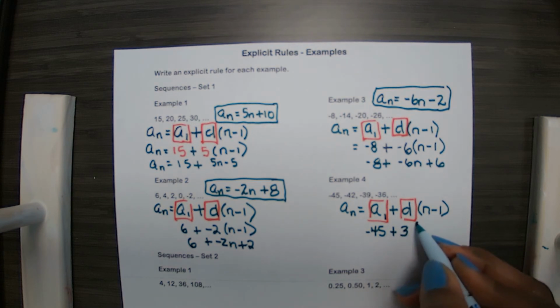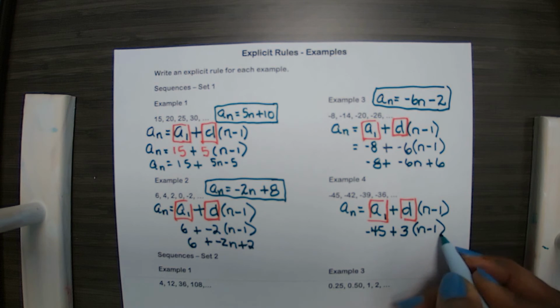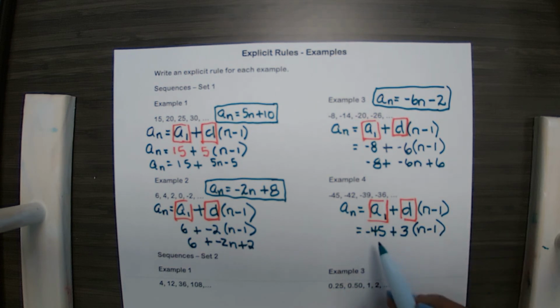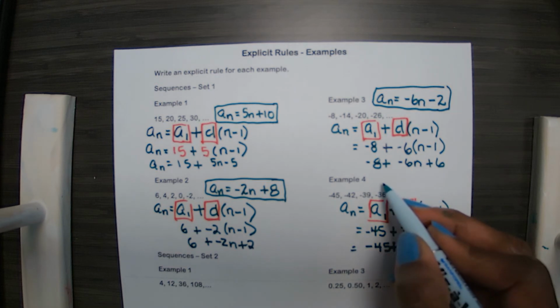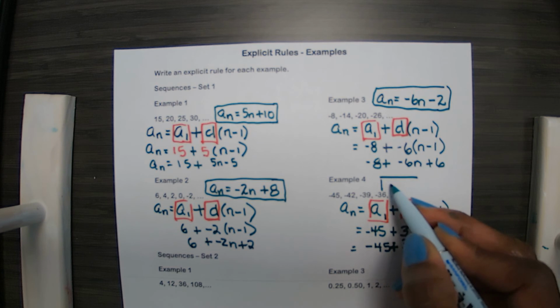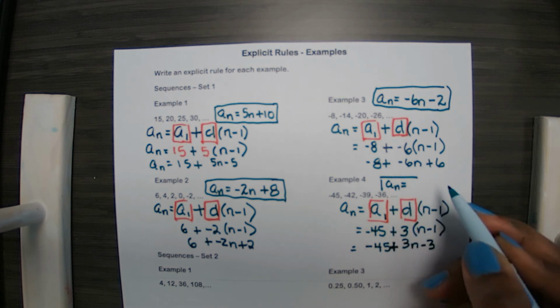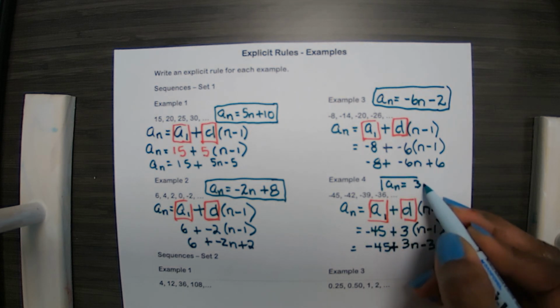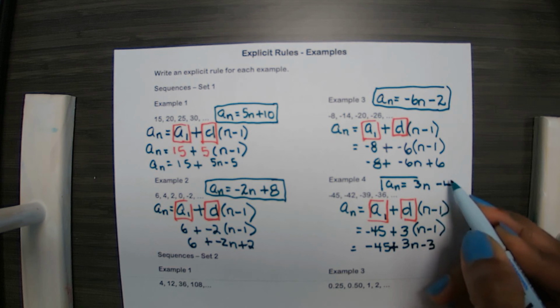That's a difference of positive 3. We're going to distribute: 3n minus 3. Bring down my negative 45. Combine my like terms. Negative 45 and negative 3 gives me negative 48. So our rule here, a sub n, is going to be equal to 3n minus 48.